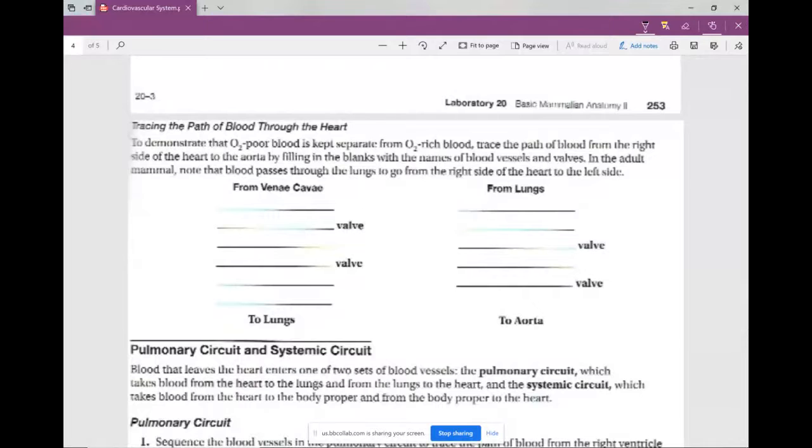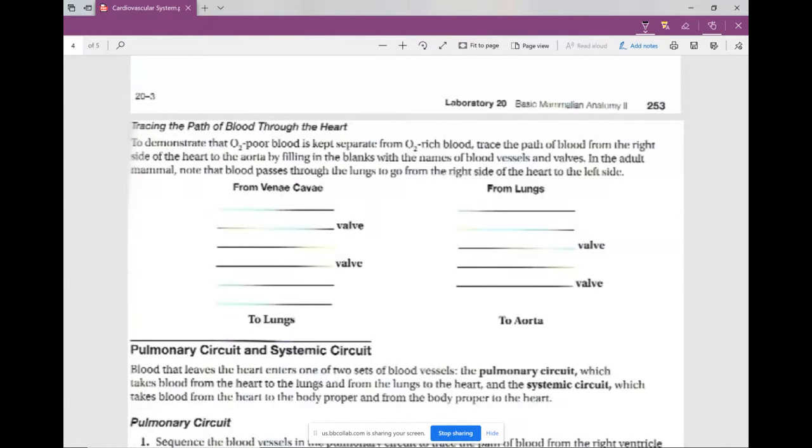All right, to demonstrate that oxygen-poor blood is kept separate from oxygen-rich blood, trace the path of blood from the right side of the heart to the aorta by filling in the blanks with the names of the blood vessels and valves. In the adult mammal, note that blood passes through the lungs to go from the right side of the heart to the left.